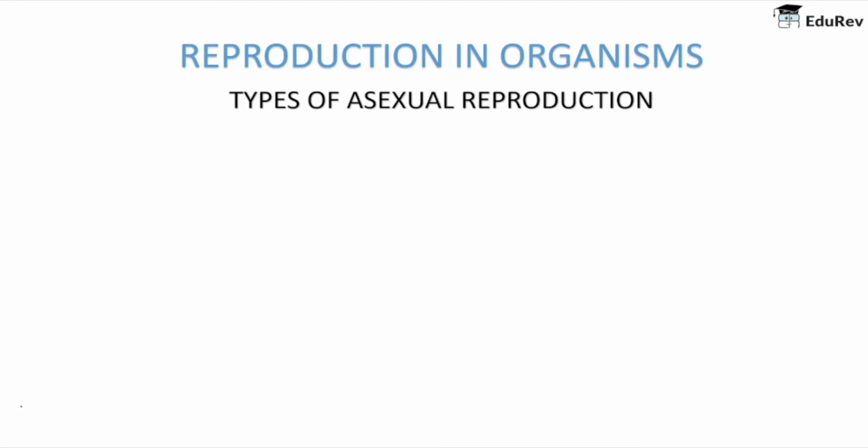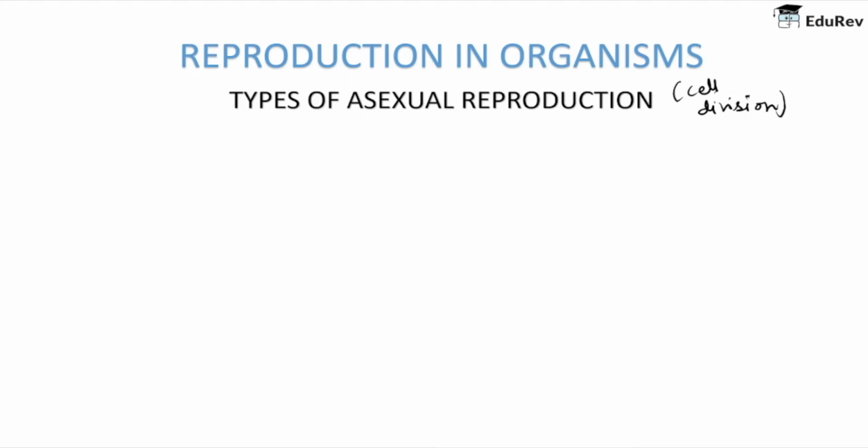In asexual reproduction, cell division itself is a mode of reproduction, which is generally seen in asexual reproduction. But apart from that, asexual reproduction is of many types.